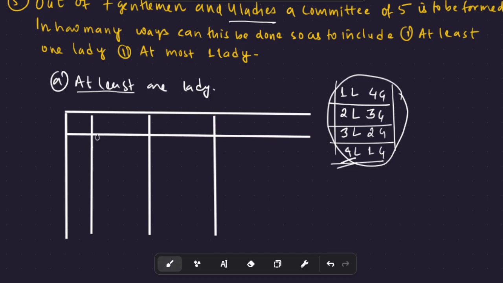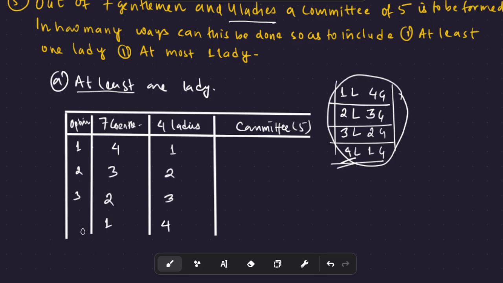The committee should have five members. One lady, four gentlemen; two ladies, three gentlemen; three ladies, two gentlemen; four ladies, one gentleman. These are the four options we have here.